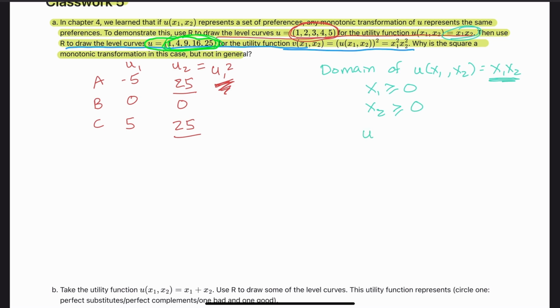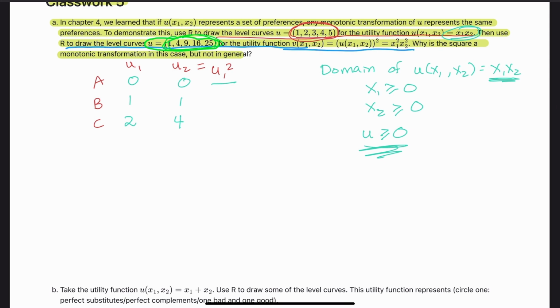So U is the product of these things. U has to be greater than or equal to 0. So if we just consider utilities that are greater than or equal to 0, so for instance 0, 1, and 2, and then we take the square of those things, now we have 0, 1, and 4. Now the square is a monotonic transformation. It does preserve the same ordering.